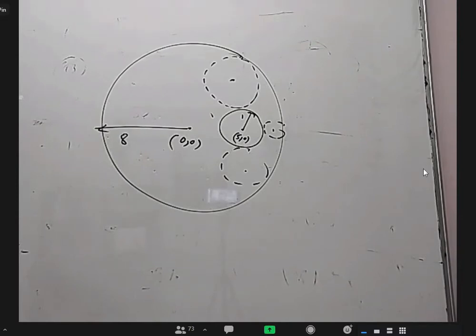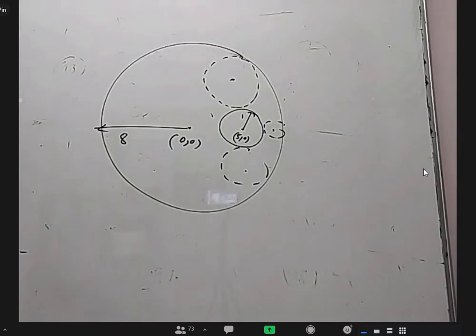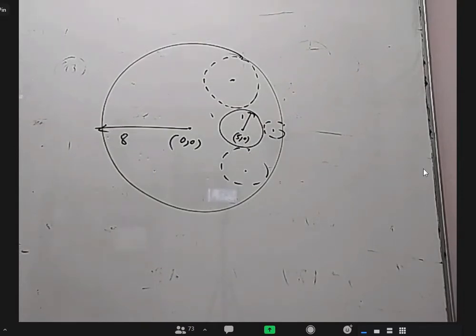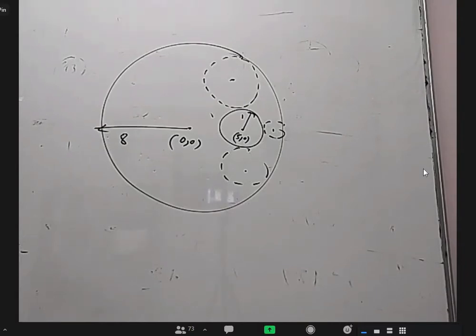What is the length of the major axis? Yes.